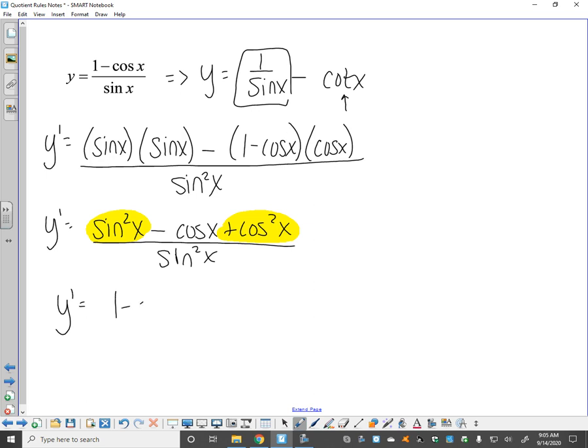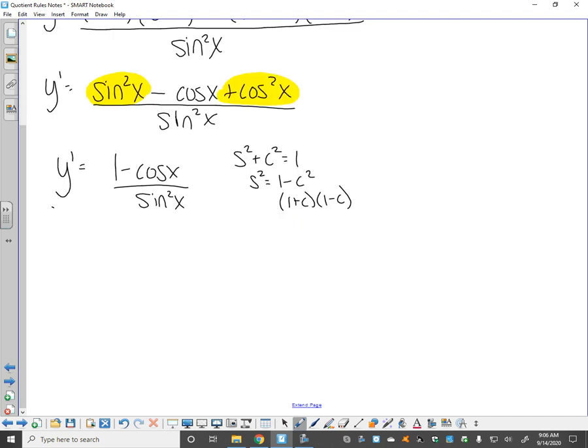So y prime equals 1 minus cosine x over sine squared x. Ooh. Sine squared x. Let's think a second. Hold on. Sine squared plus cosine squared equals 1, so sine squared equals 1 minus cosine squared. And if I factor that, then one of those would cancel.